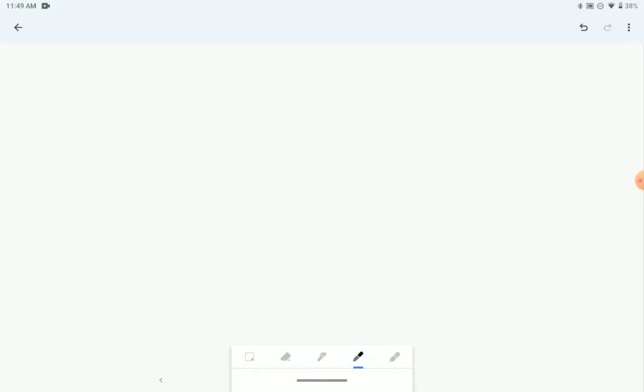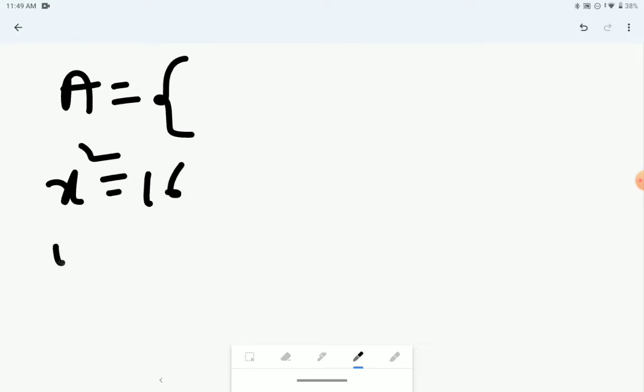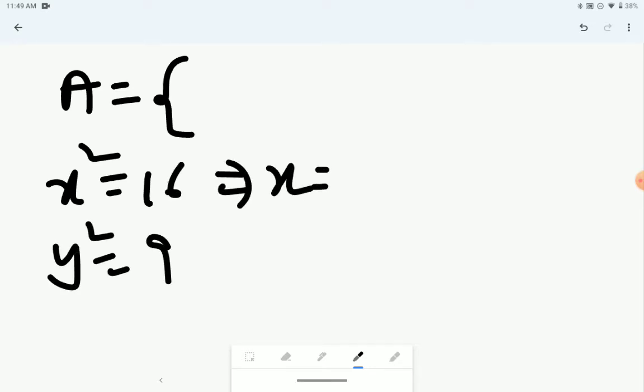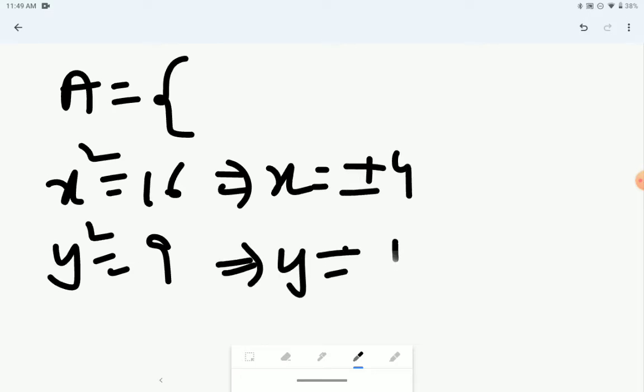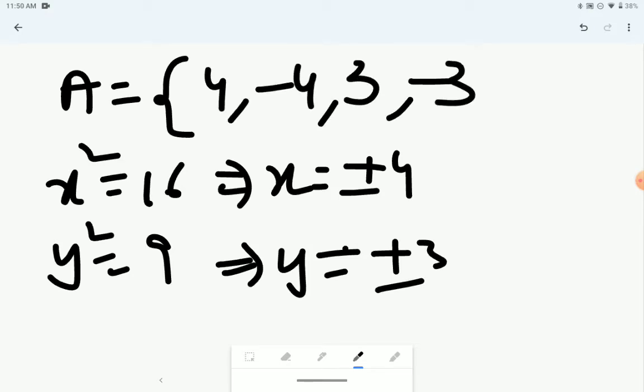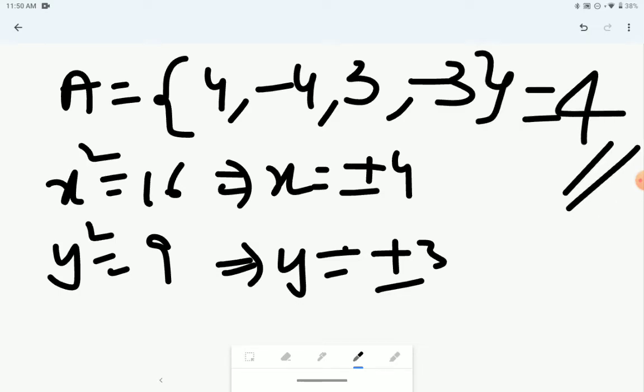We are asked the number of elements in A. We got x square is equal to 16 and y square is equal to 9, which implies x equal to plus or minus 4 and y equal to plus or minus 3. So in A we will be getting 4, minus 4. So the number of elements in A is equal to 4. This is how it is solved.